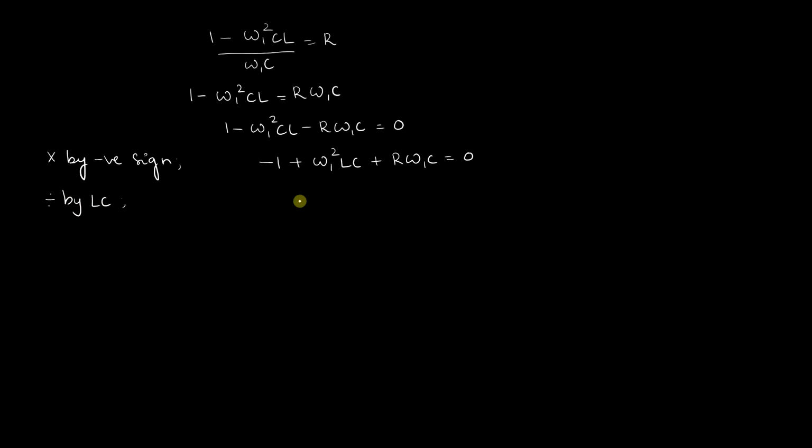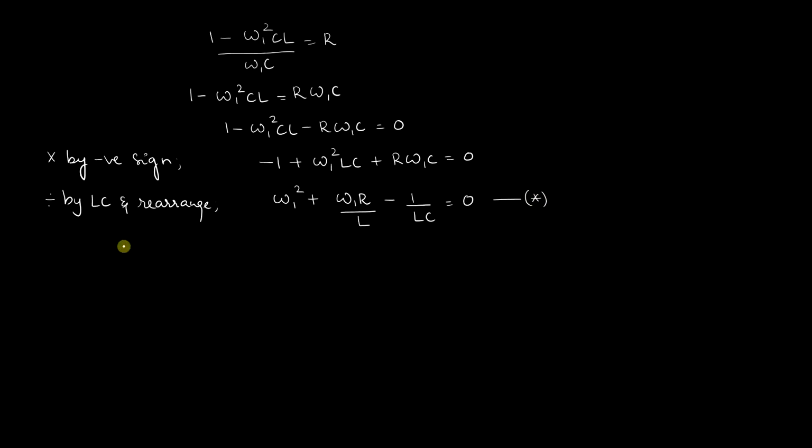So divide by LC and also rearrange. So this becomes omega 1 square plus omega 1 R divided by L minus 1 by LC equal to 0. Let me name this as equation star.